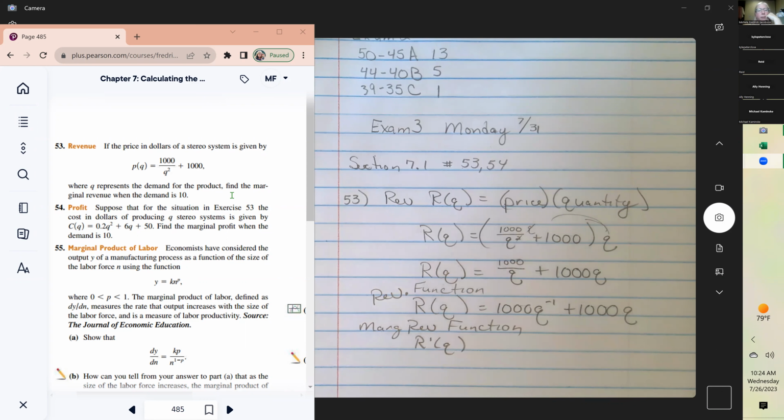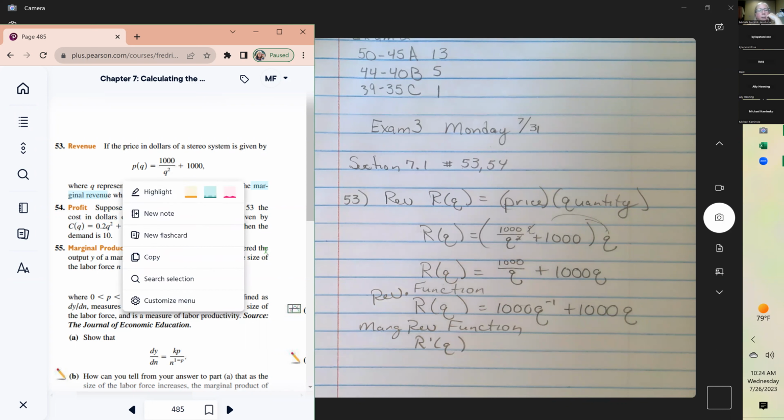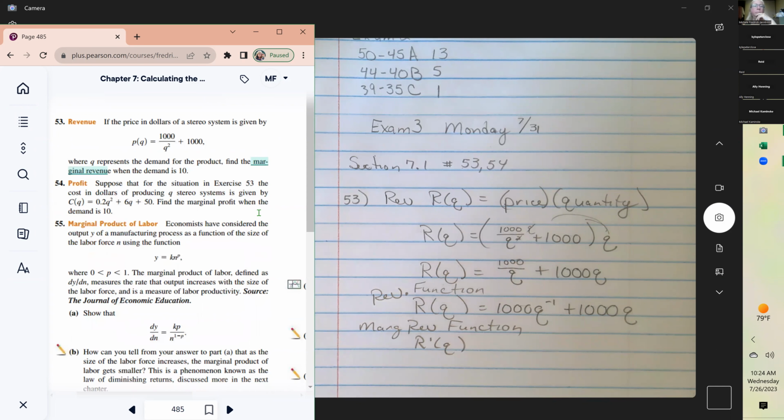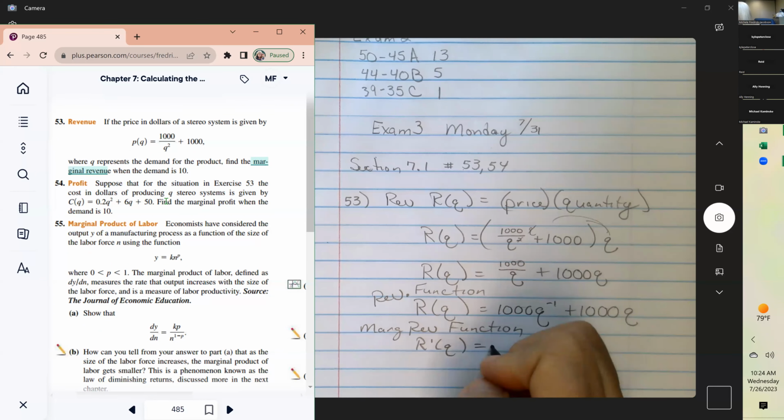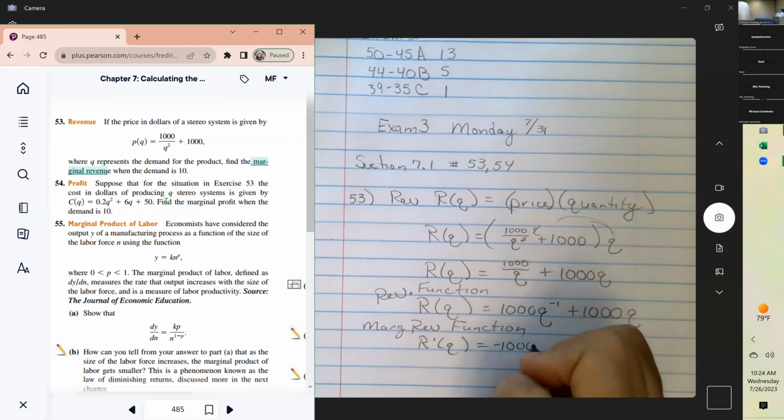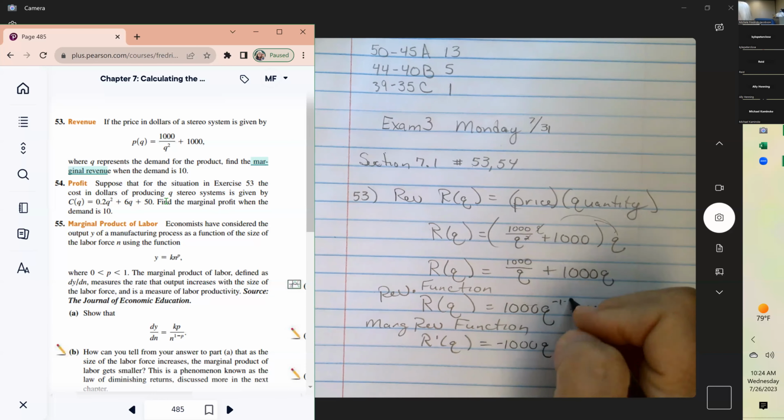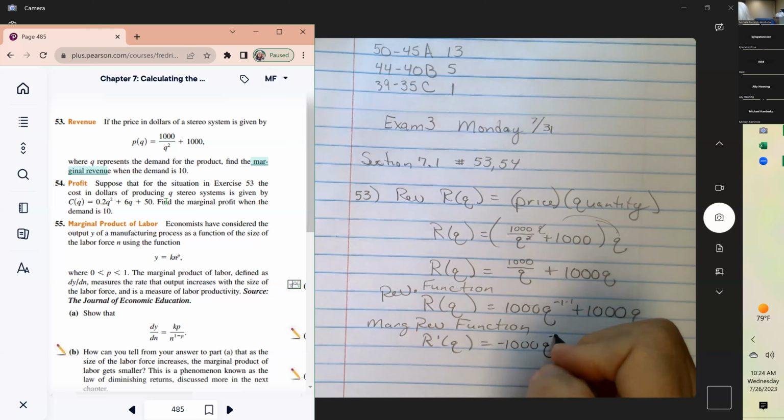And right here, it said marginal. Taking the derivative, -1 times 1,000, -1,000 Q, and then we're subtracting 1, so it would be a -2 in the exponent.